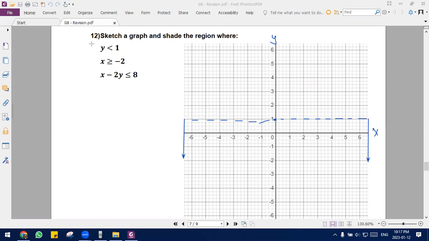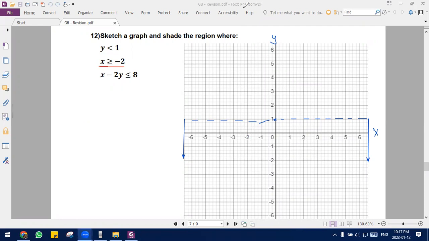Now let's do the second one. We have x greater than or equal to minus 2. Okay, here we have or equal to, so the line has to be solid. First we go to x equal to minus 2. It's here, so we draw the line vertically.